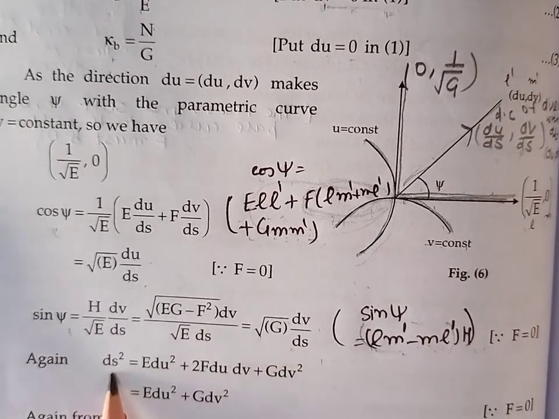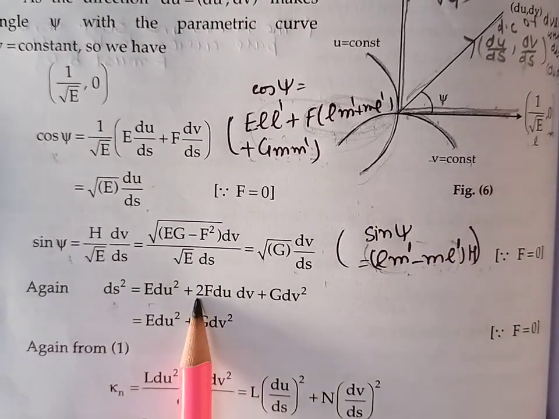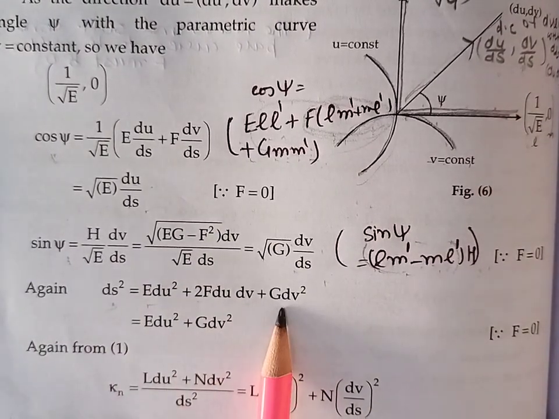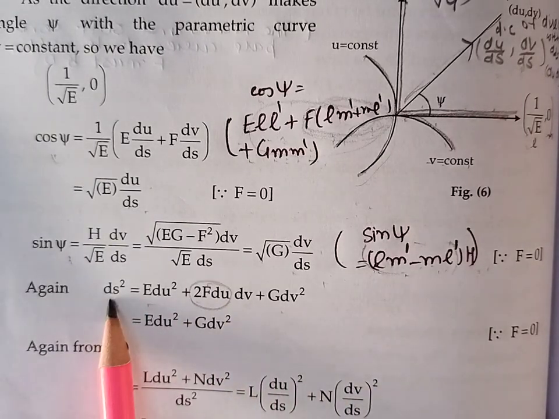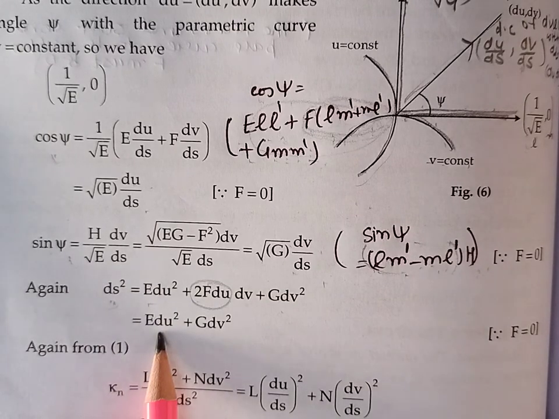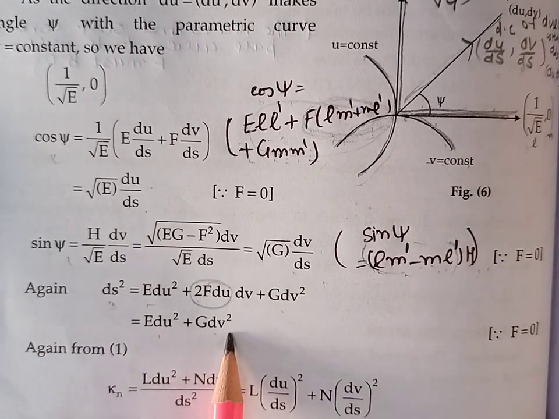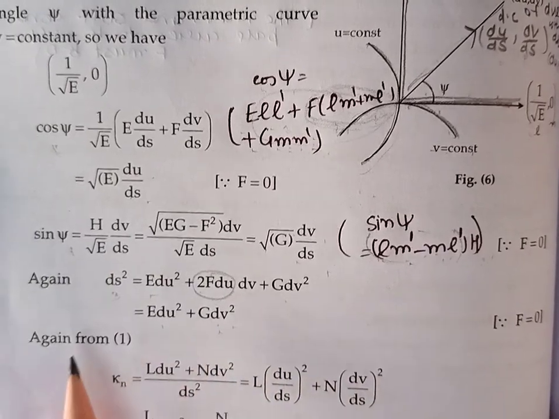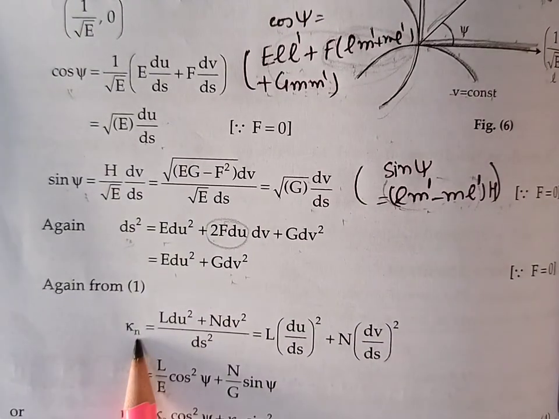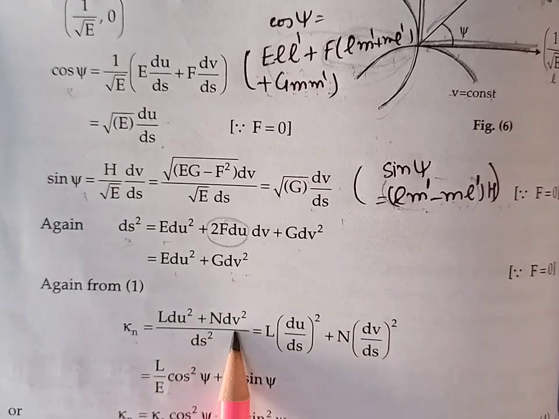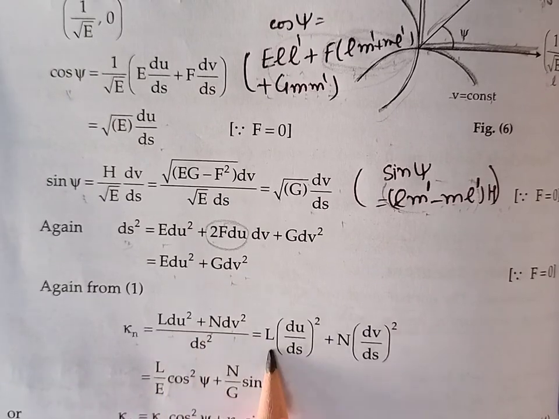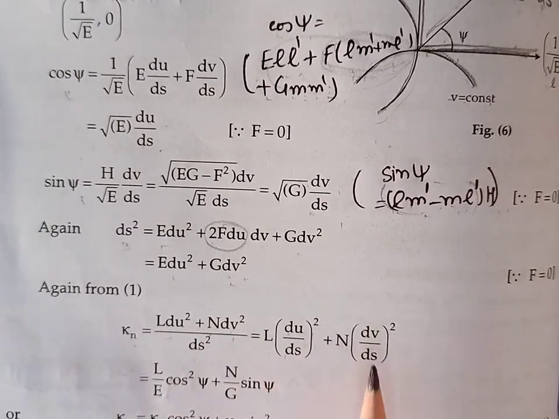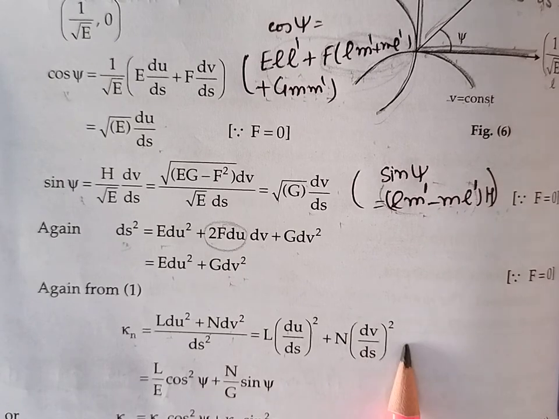Now in chapter 4 we already discussed ds square is equal to E du square plus 2F du dv plus G dv square, and here because F is 0, ds square will become E du square plus G dv square. Now from equation 1, kappa n is given by L du square plus N dv square divided by ds square. This can further be written in the form L (du by ds) whole square plus N (dv by ds) whole square.